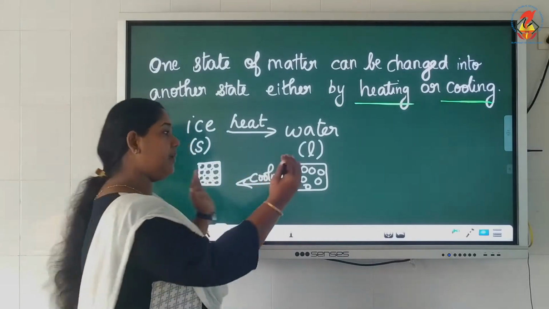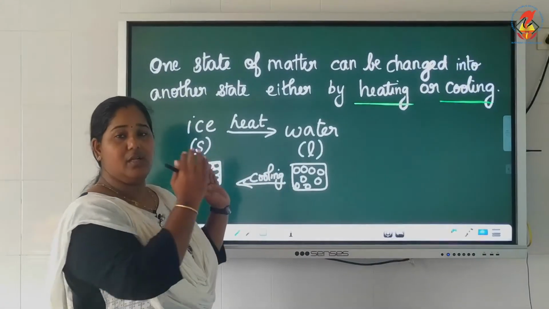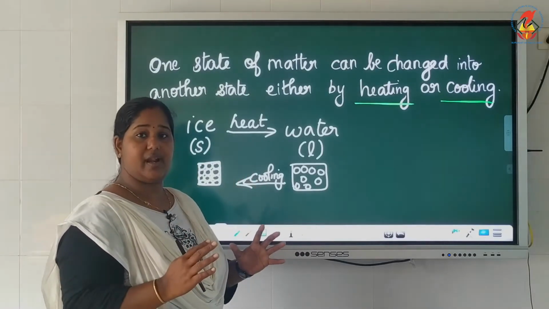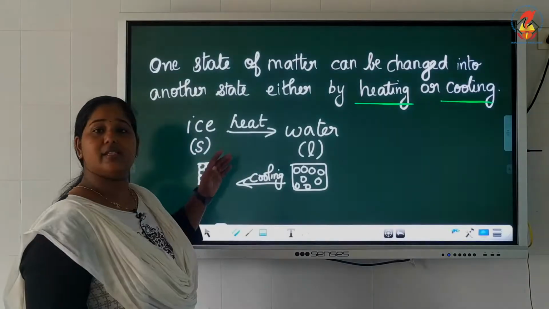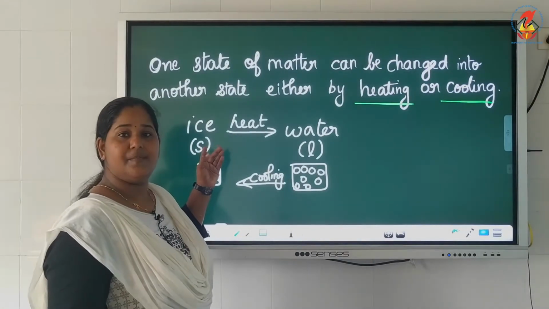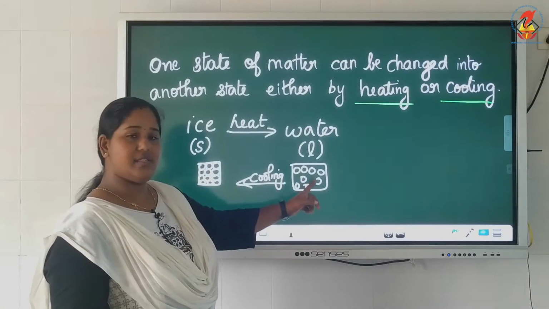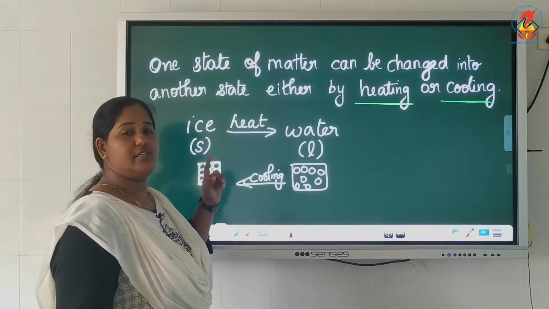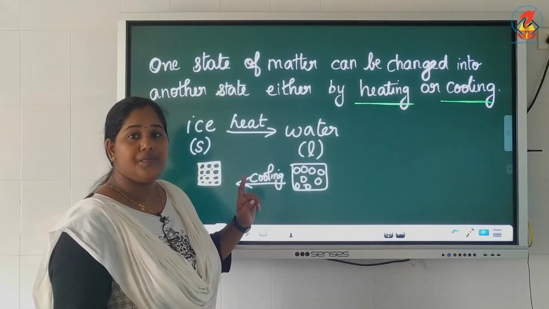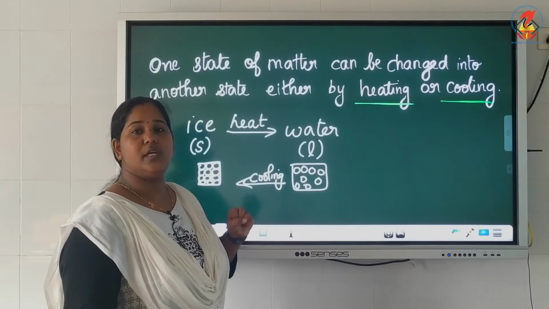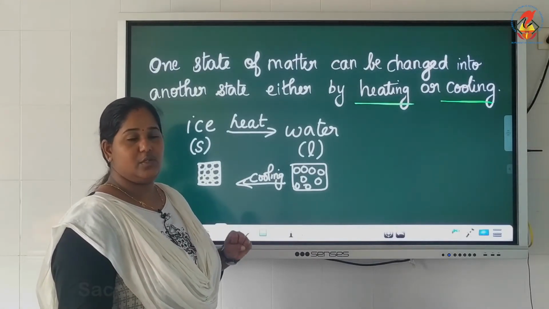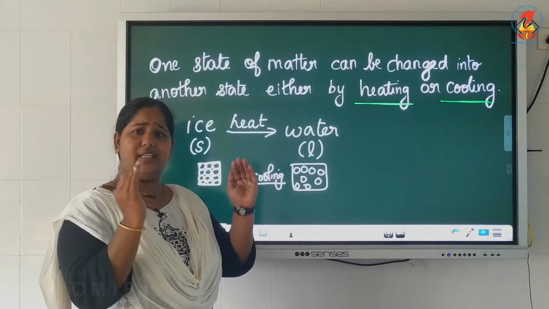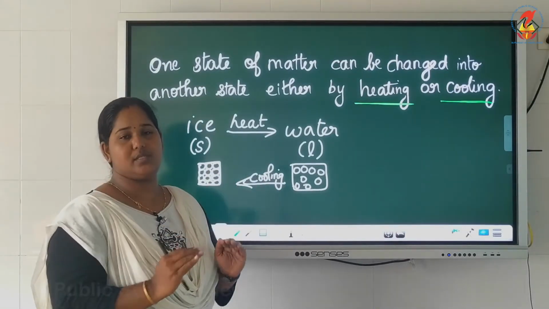And when they come closer, they will have a tightly packed structure, or a strong force of attraction, and that gives rise to the next state of matter, that is solid. So liquid, on cooling or freezing, changes to solid. How? When the molecules come closer to each other. That process is called contraction. It contracts, it shrinks, the molecules come closer.